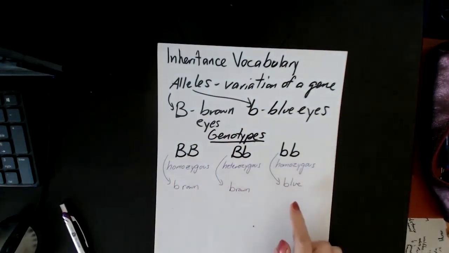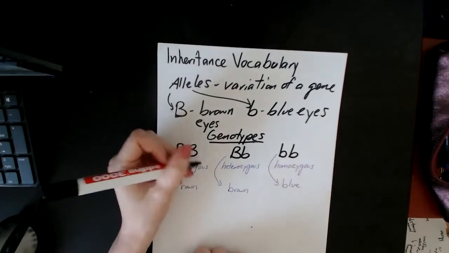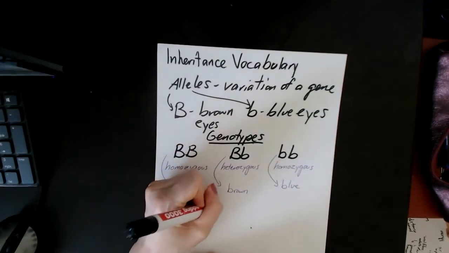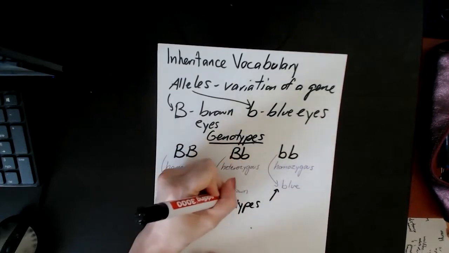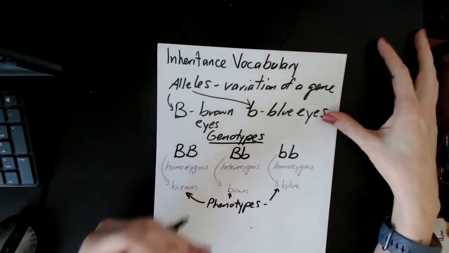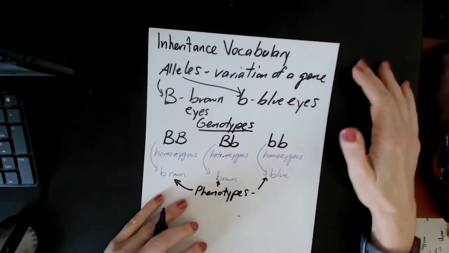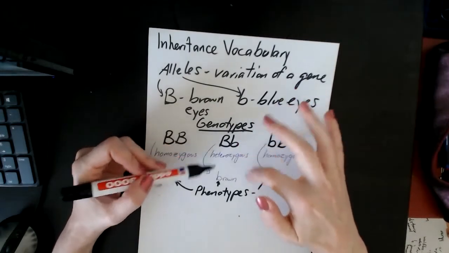The actual color of your eyes, the actual physical portrayal of these genotypes, these are called phenotypes. So phenotypes are the physical characteristic that is actually shown. The genotypes you have lead to your phenotypes.